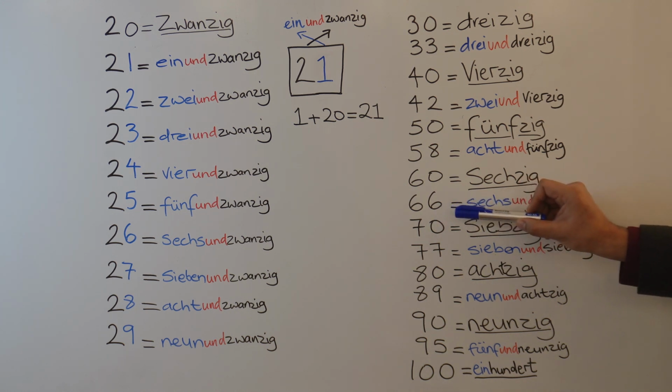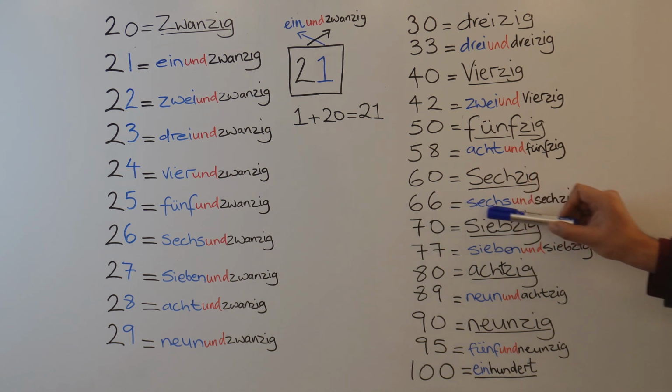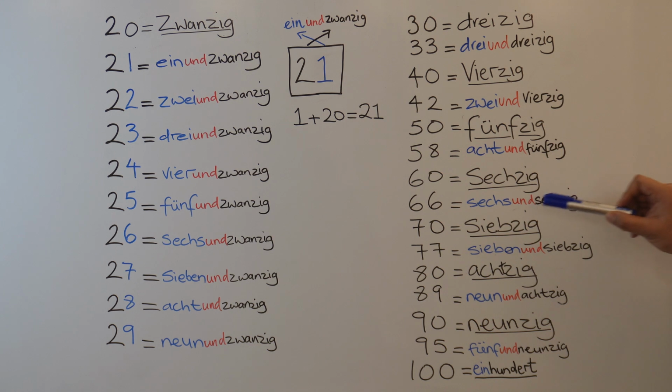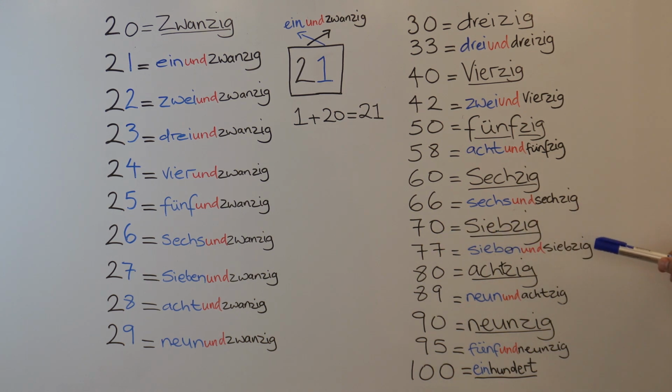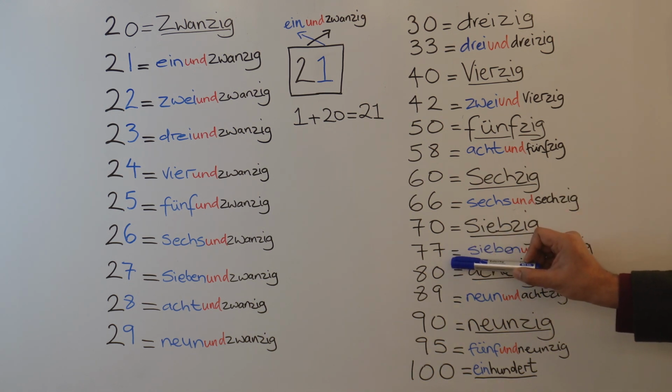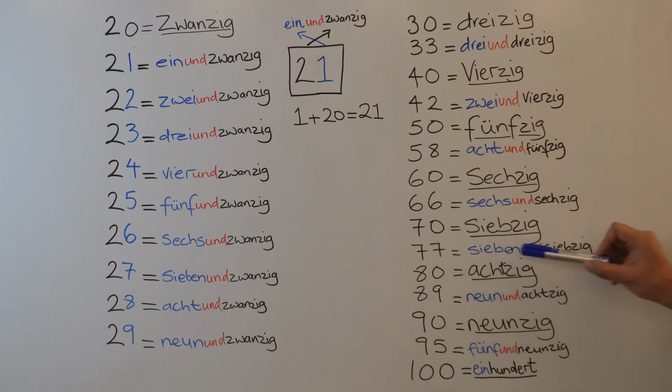So the smaller number before the bigger number. 6 before 60. 66. 67, 68, 69 and then you come to 70. 71, 72, 73, 74, 75, 76 and then 77.